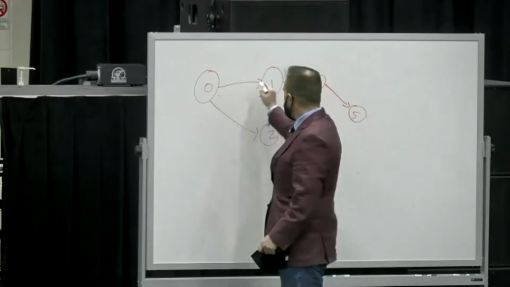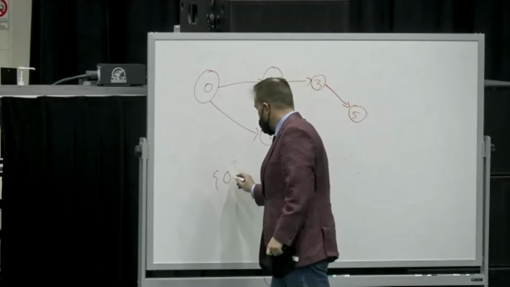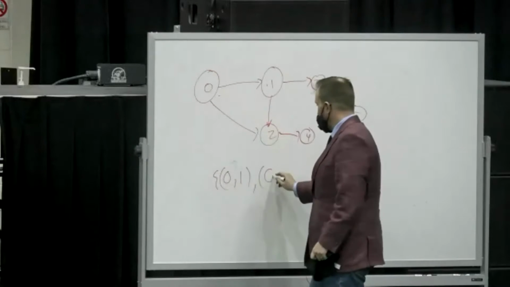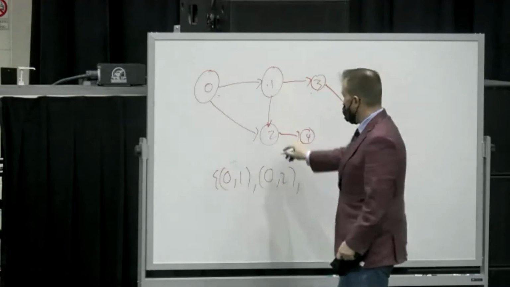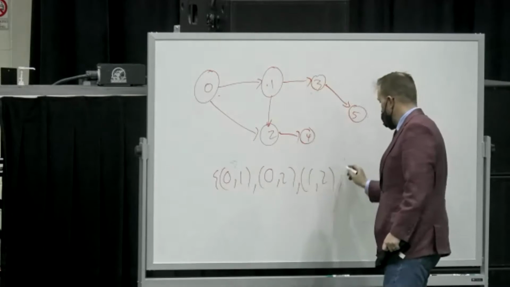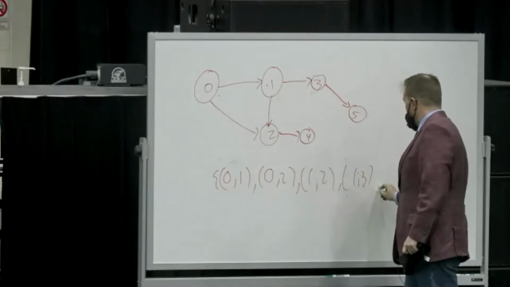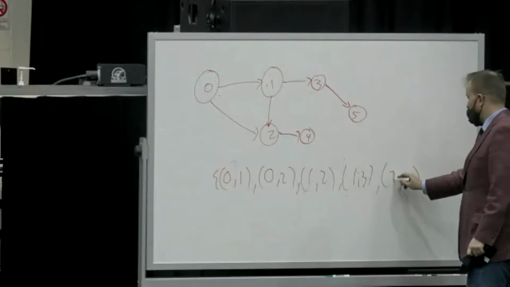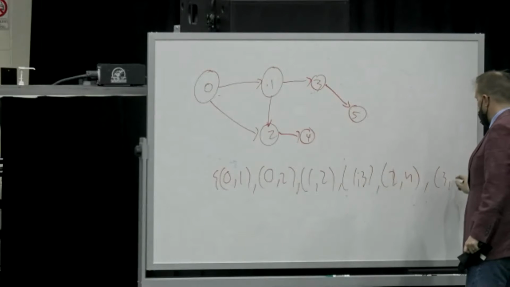So in the standard vector of pairs, we have 0, 1, 0, 2, 1, 2, 1, 3, 1, 4, 2, 4, and 3, 5.